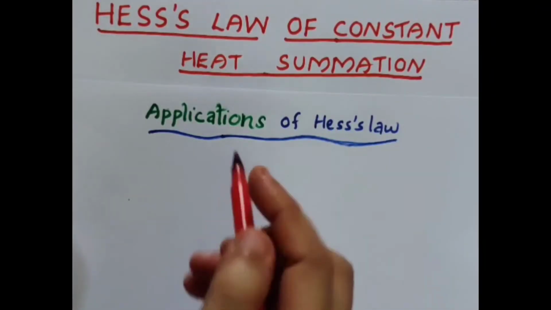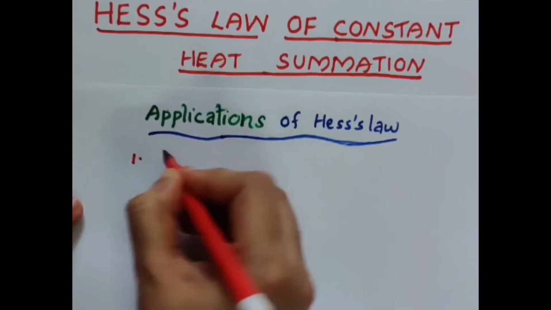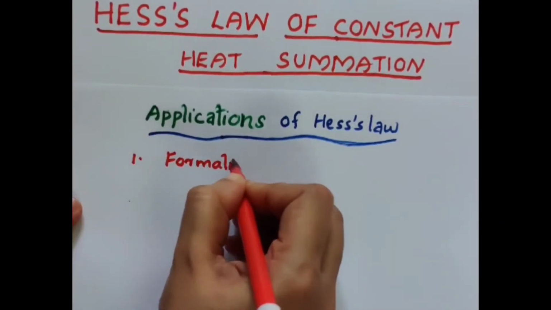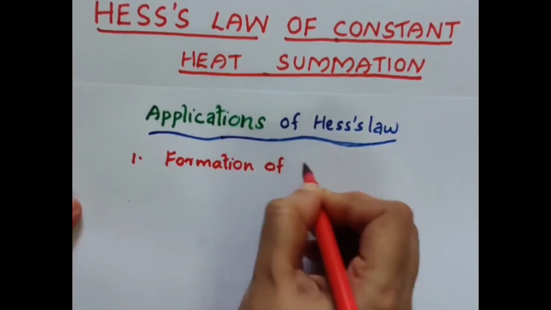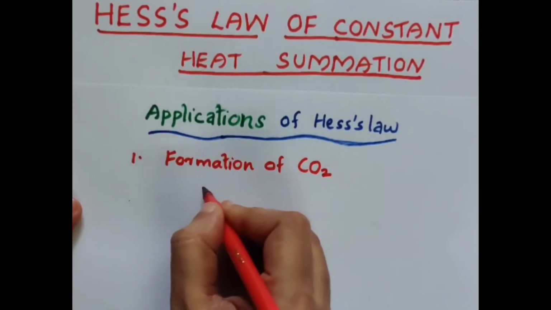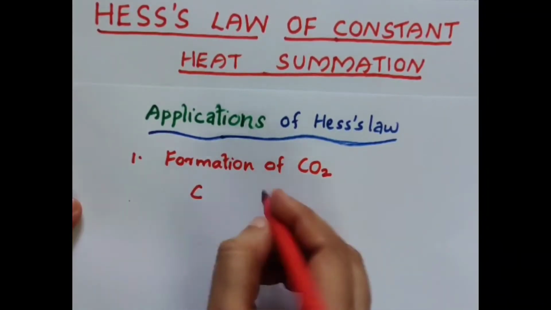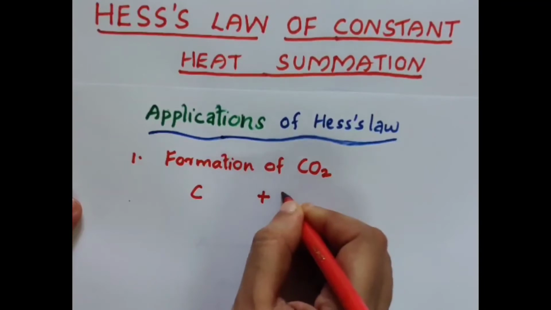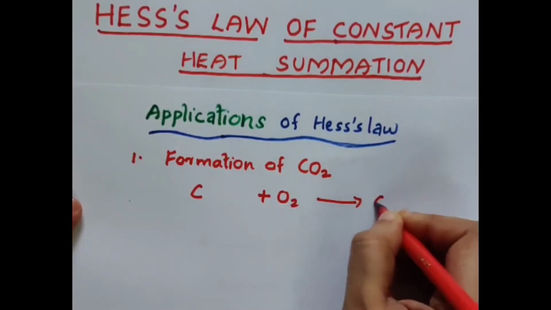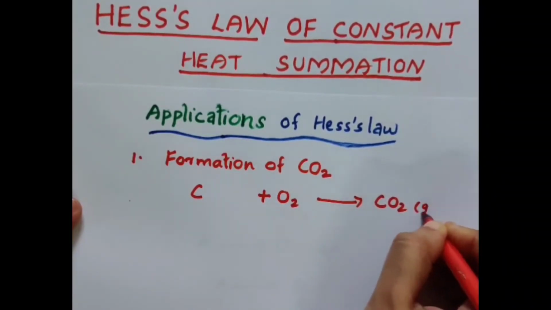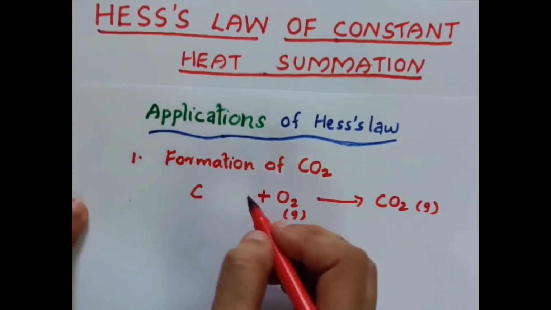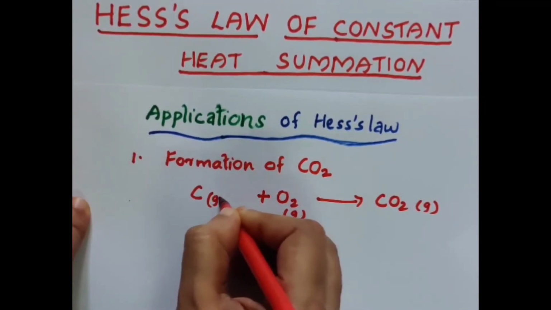Let us take one example: the formation of carbon dioxide. This is the one-step formation of carbon dioxide: carbon, which is in solid state in the form of graphite, plus oxygen gas, giving carbon dioxide gas.